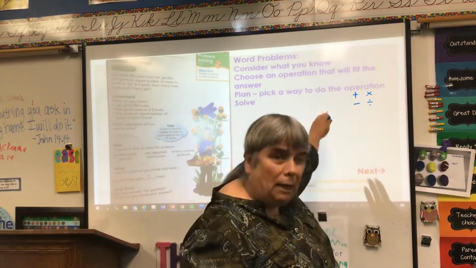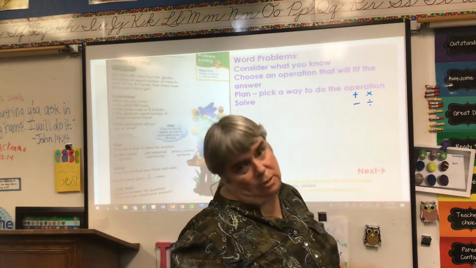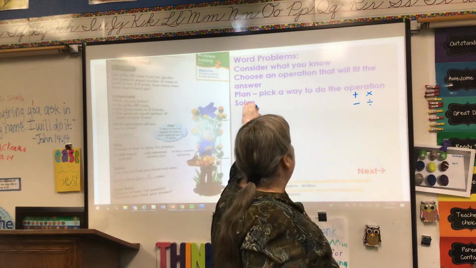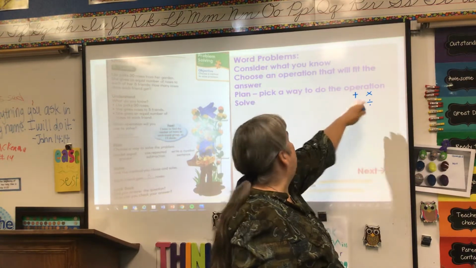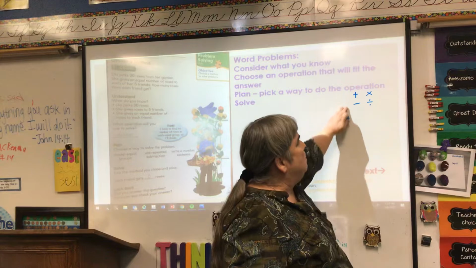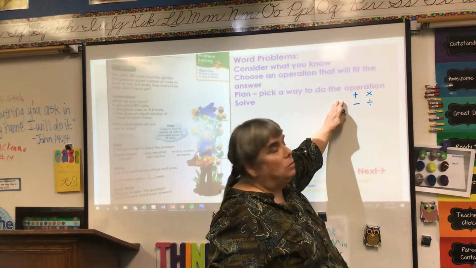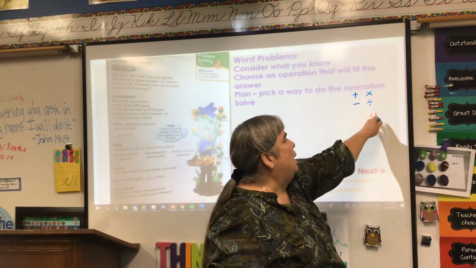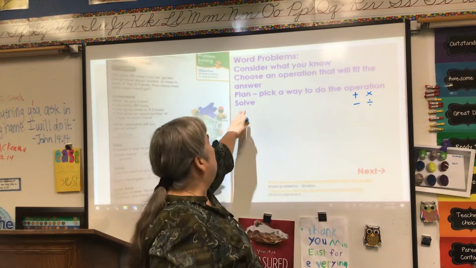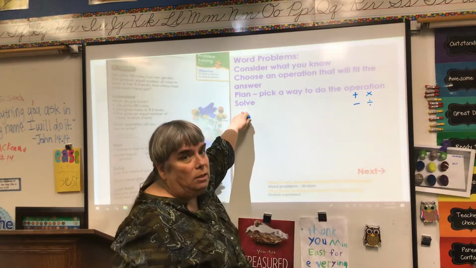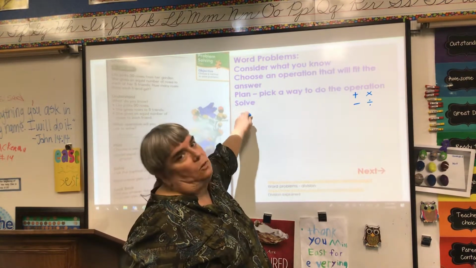So when they talk about operations, that's what they're talking about. So you want to plan or pick a way to do the operation. So you're going to pick, am I going to add or subtract, multiply, or divide? And finally, the last part of how to do a word problem is solve.